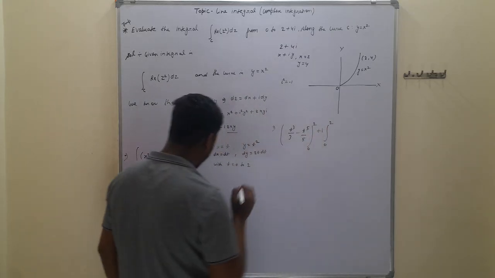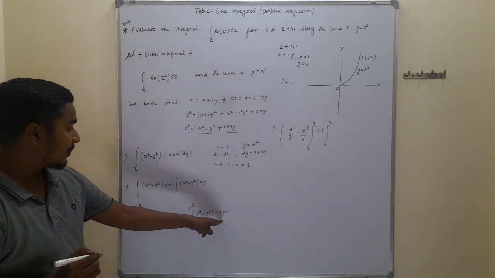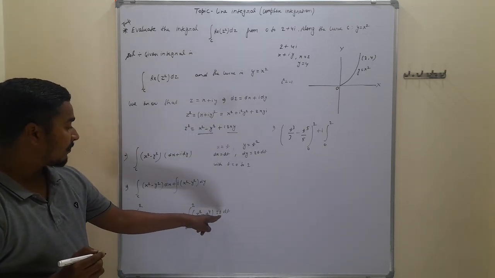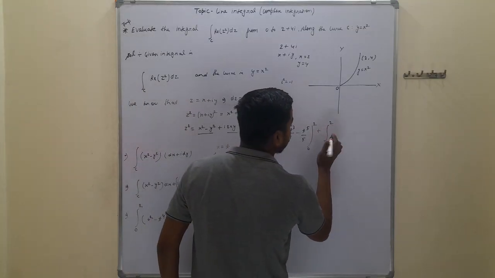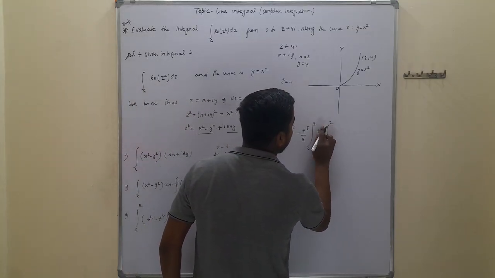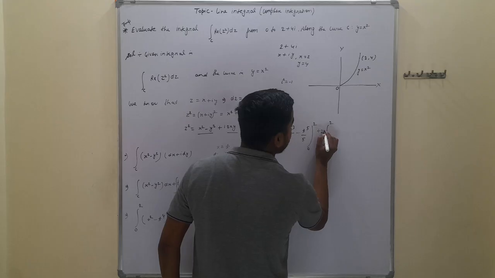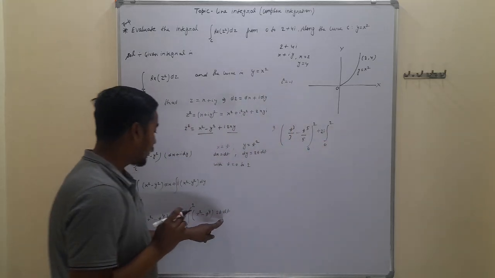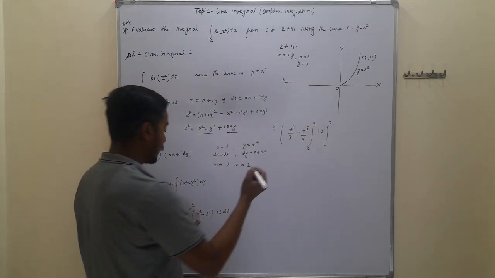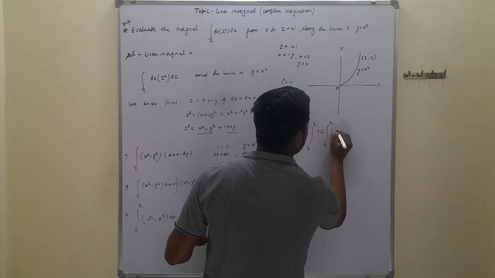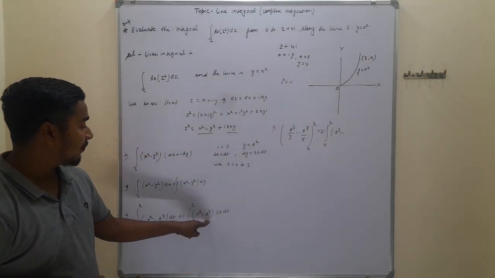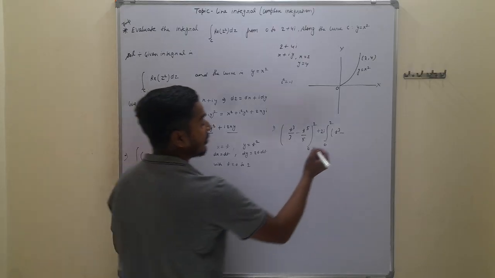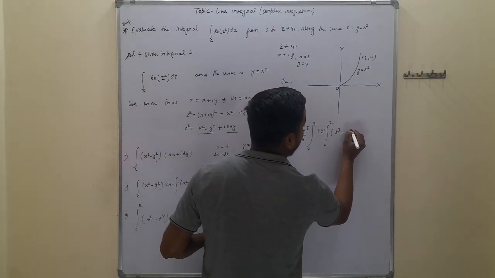Taking 2 outside, we write 2y; multiplying with t gives t cube, minus t to the power of 4 multiplied with t gives t to the power of 5.